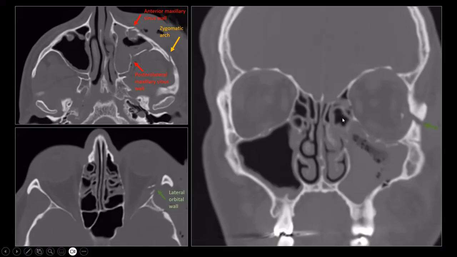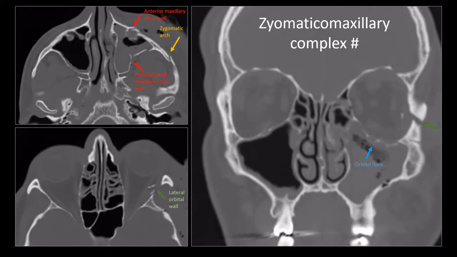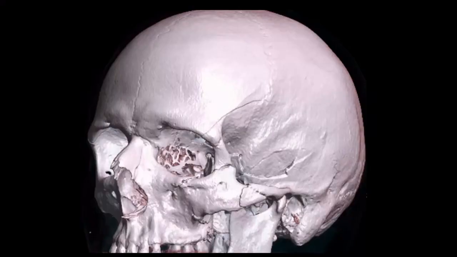Here we see also the fracture of the lateral orbital wall, but also of the orbital floor. This combination of fractures constitutes a zygomatico-maxillary complex fracture. So basically we have fractures of the maxillary sinus and also of the various components of the zygomatic bone and various zygomatic sutures in these patients.